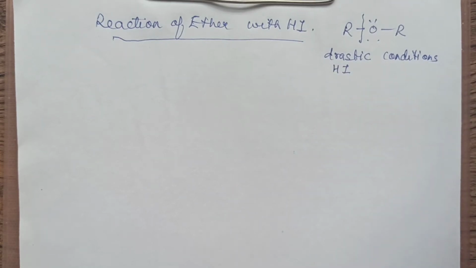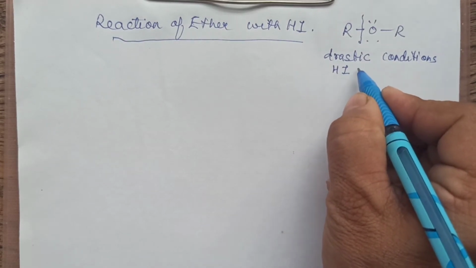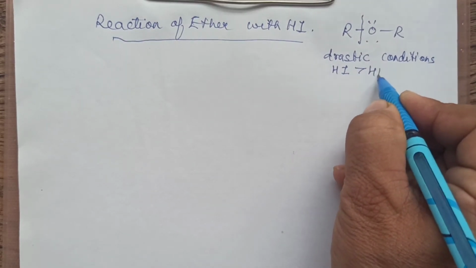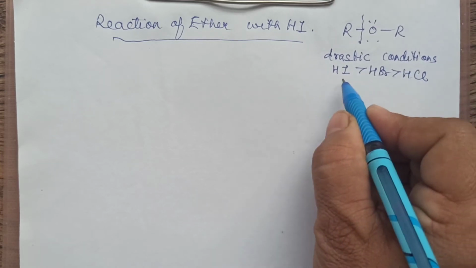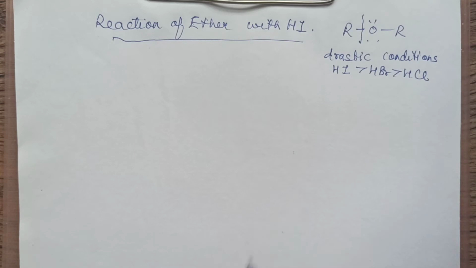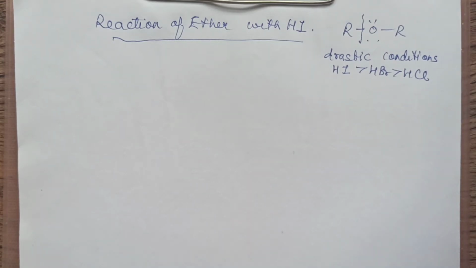And among the hydrogen halides, the order of reactivity is HI maximum, then HBr, and then HCl. We know chlorine is smaller in size than iodine, so the bond length will be less, it will be a stronger bond, and HI will be a weaker bond.